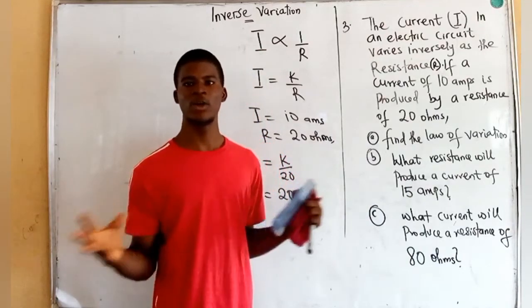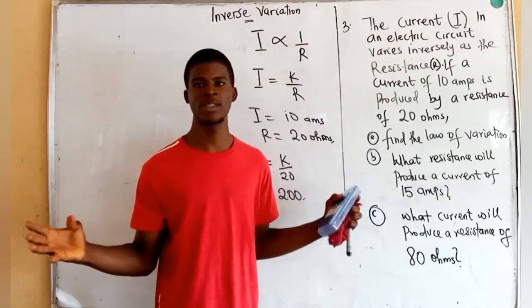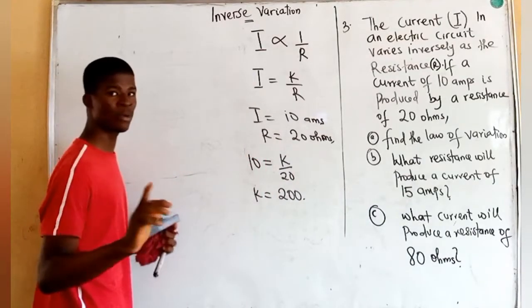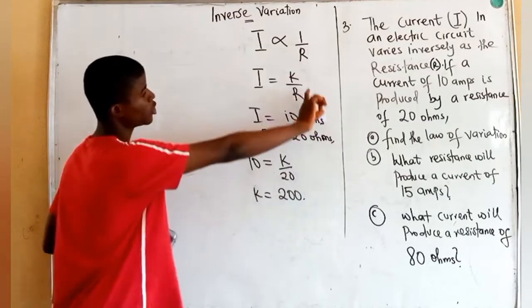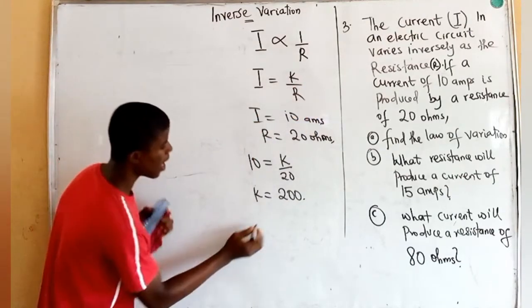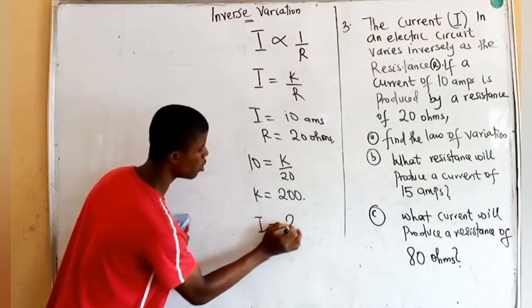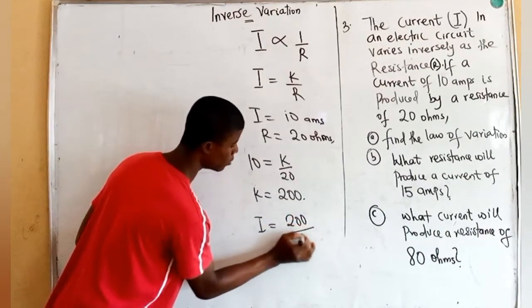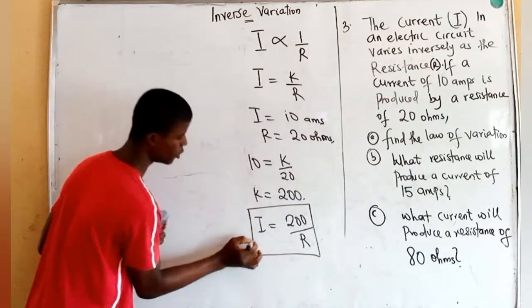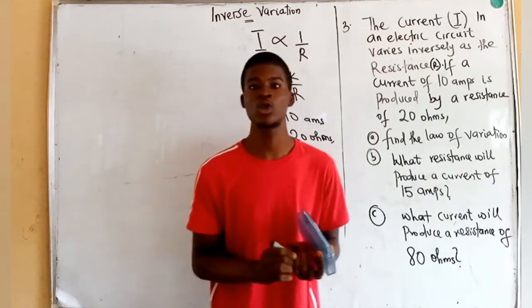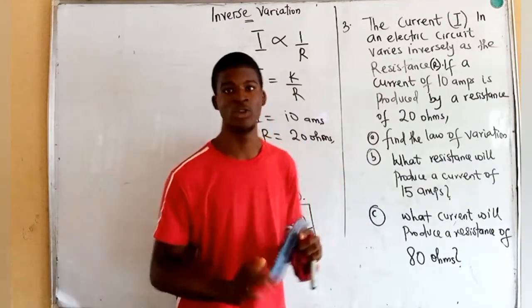That is the law that connects the current and the resistance. Substitute 200 for K into this equation. So I is equal to 200 over R. This is the law of variation, the law that connects the quantities in consideration.